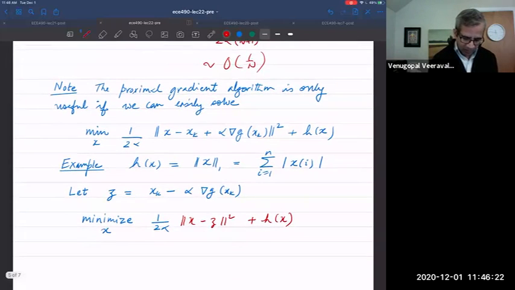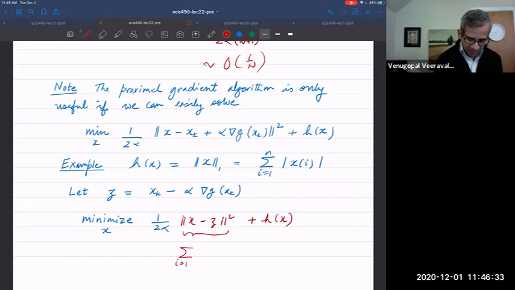But what is this? I can rewrite this as, so this I can write as the summation from i equal to 1 to n. Since I use subscripts for denoting iterations, to avoid confusion, I'm going to just use this parentheses notation for the components of the vector.